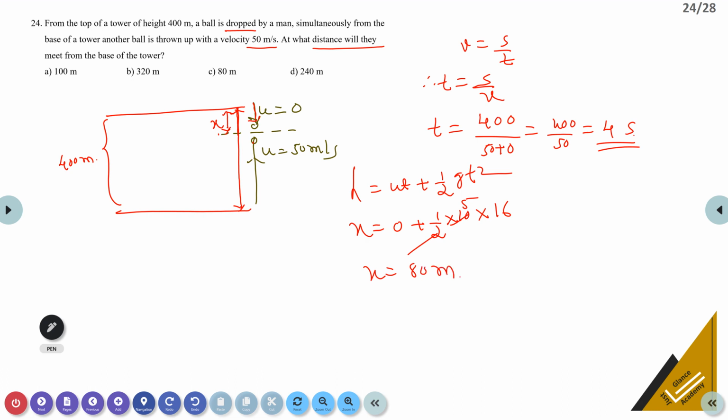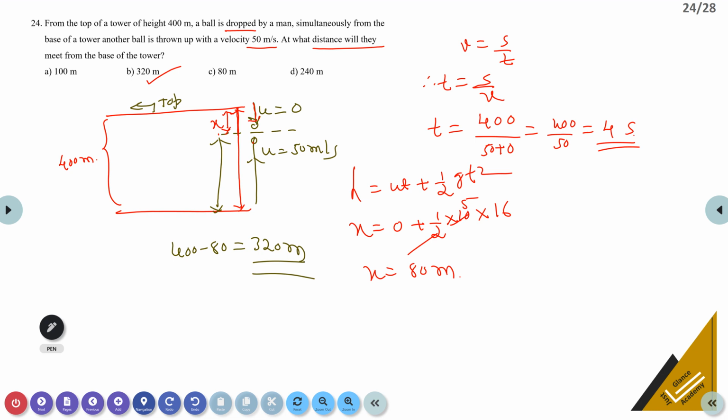Student, 80 meter from where? From the top. But it is asking from the bottom, so this height equal to 400 minus 80 equal to 320 meter.